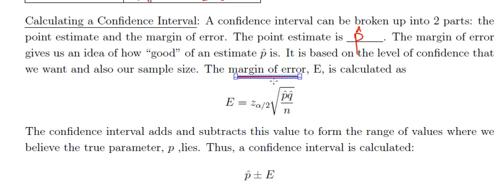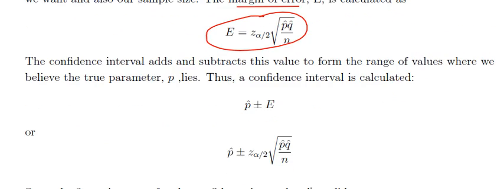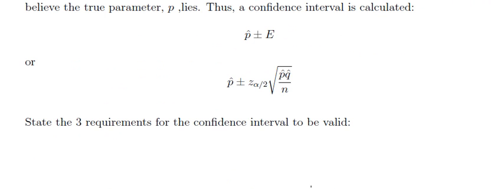So our margin of error is this right here. That's the margin of error. And we calculate that by taking one of our values. This depends on the confidence level. And then we put the sample proportion in there and the sample size. And so we get a confidence interval by taking our point estimate, p hat, plus or minus the margin of error.